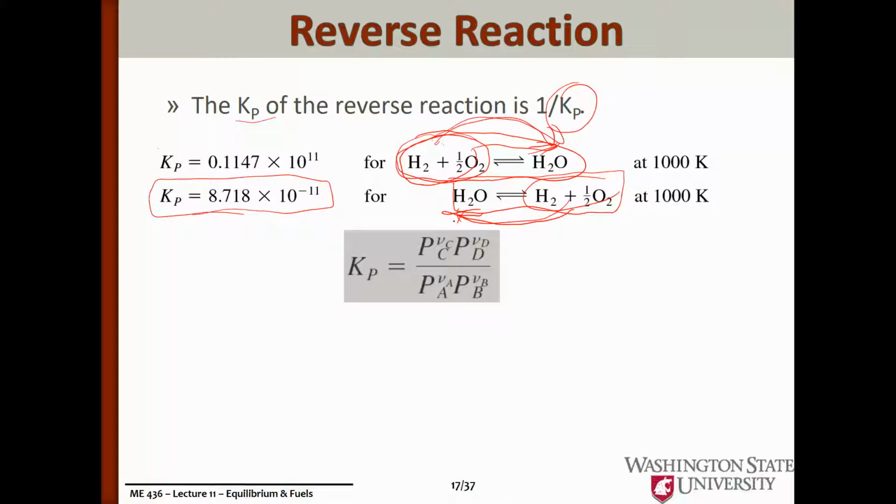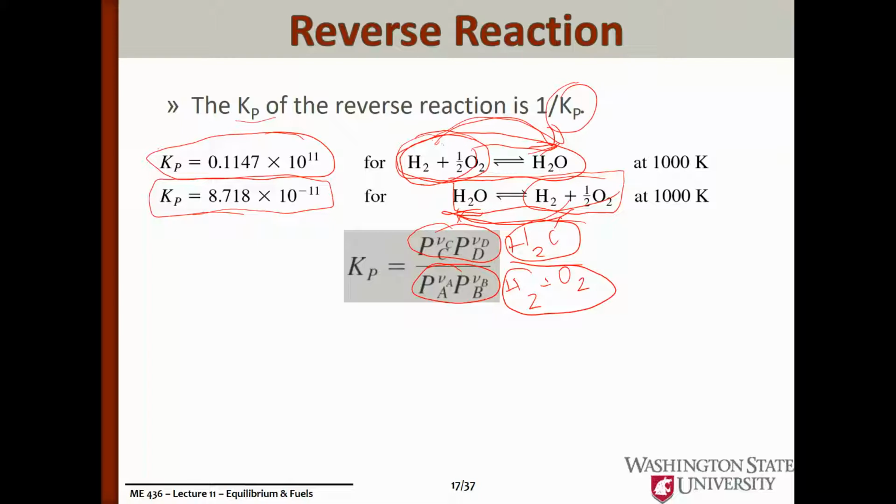And you can see that from the fraction here of partial pressures. If I have products over reactants, in this case, for the first example, I would just have water on the top, and I would have the leftover hydrogen and oxygen on the bottom. We know it's going to be almost all water and very little hydrogen and oxygen, so that's why it's a fraction that's 11 trillion.